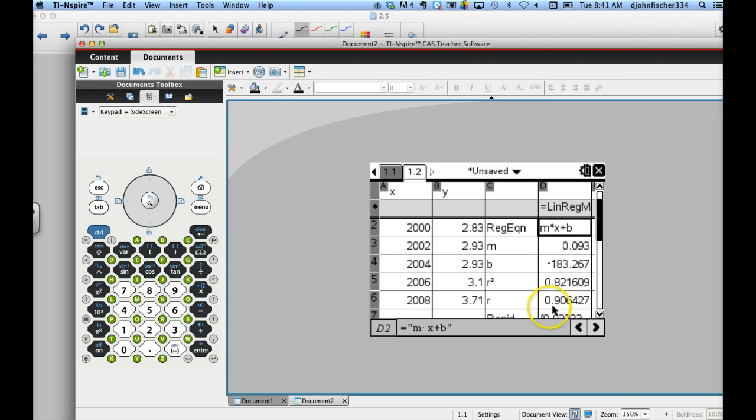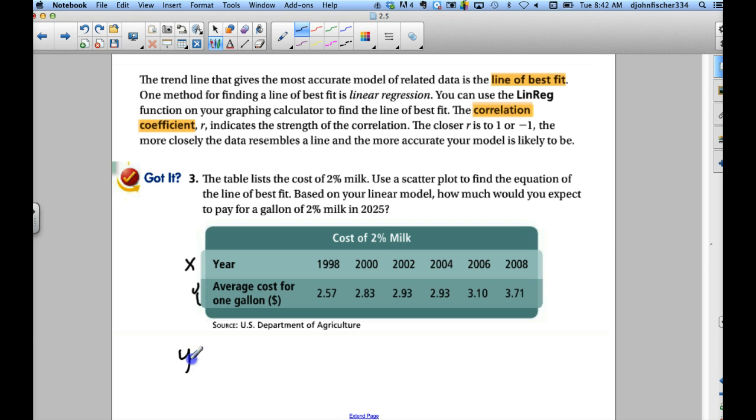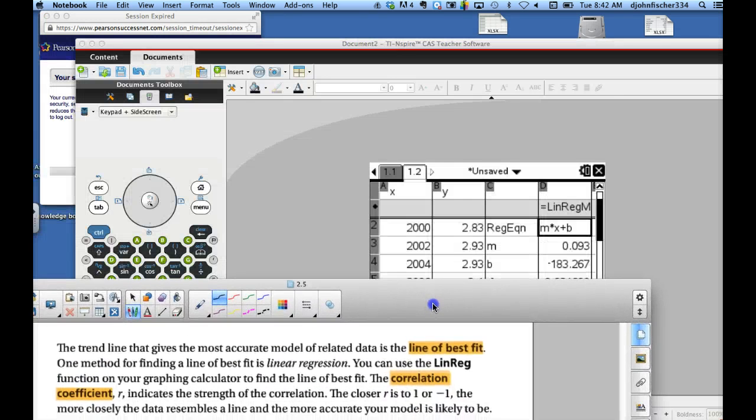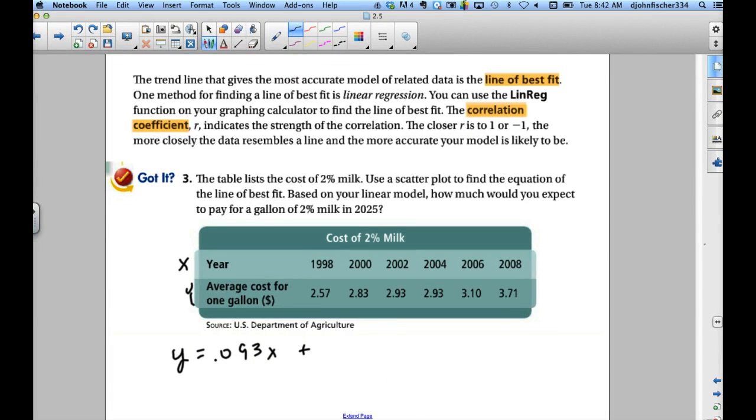It's positive, and it's closer to 1. So if I write my equation out, I must remember 0.093. My equation is y equals 0.093x plus, and I have to go back to the calculator real quick, negative 183.3.